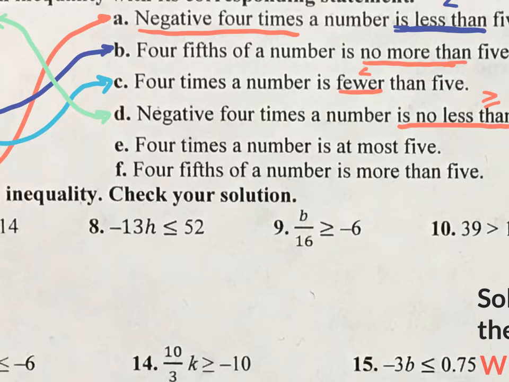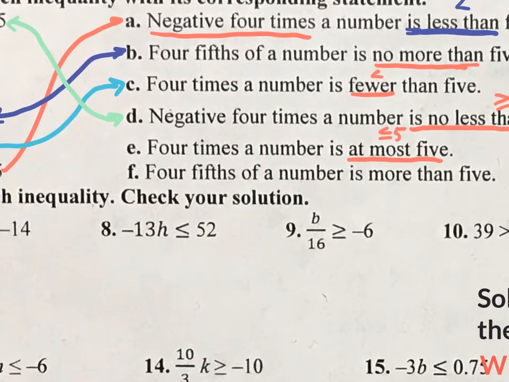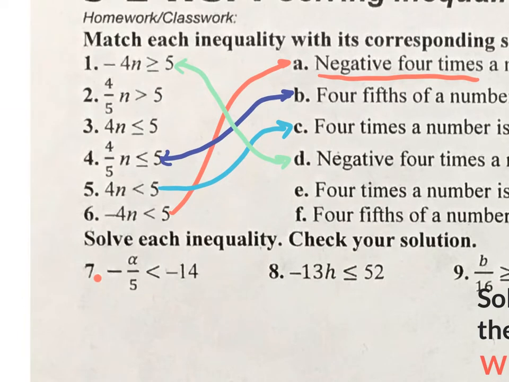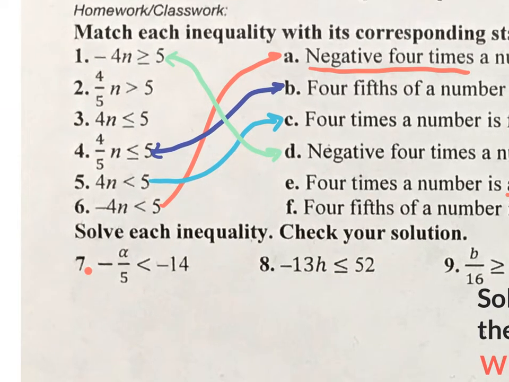But 6 wouldn't work because it doesn't satisfy the phrase at most 5. So when we say at most 5, that means it could be 5, but it has to be less than or equal to 5, right? At most 5 means less than or equal to 5. So 4 times the number, 4n is less than or equal to 5. That would be number 3. So number 3 is E.